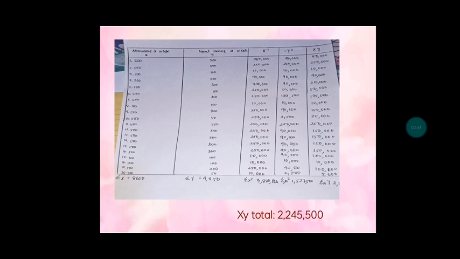500 is 250,000. Then 500 is 250,000. Then 100 times 100 is 10,000. Then 500 X squared is 250,000, and again 500 X squared is 250,000. Then 500 is 250,000 and 500 is 250,000.